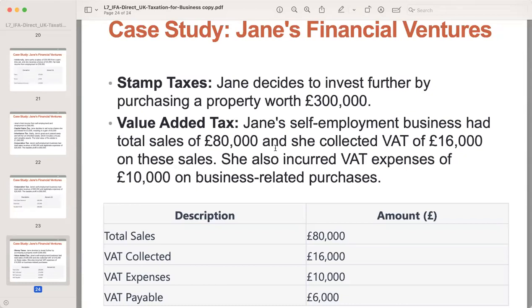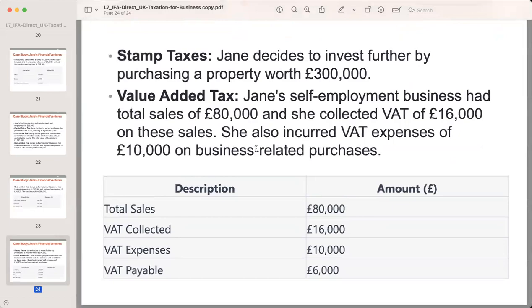It is clear that understanding and managing these taxes is crucial for Jane's financial well-being. Remember one thing: seeking professional advice from accountants or tax experts can greatly assist in navigating these complexities.